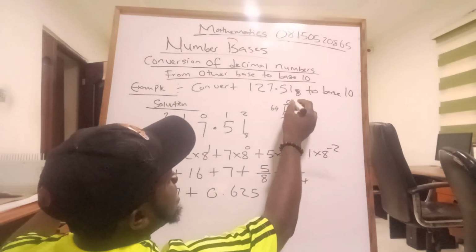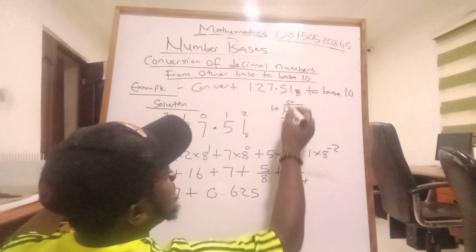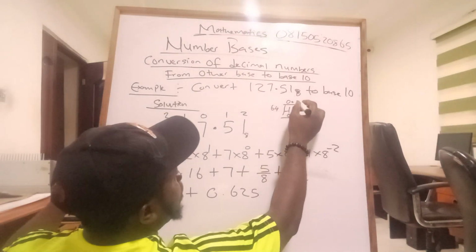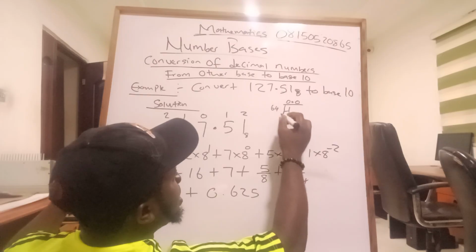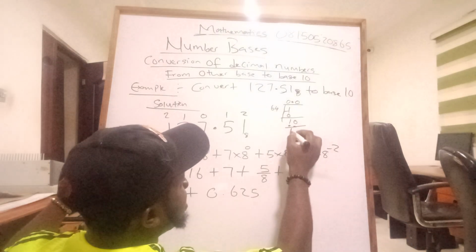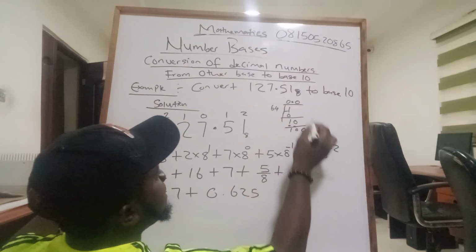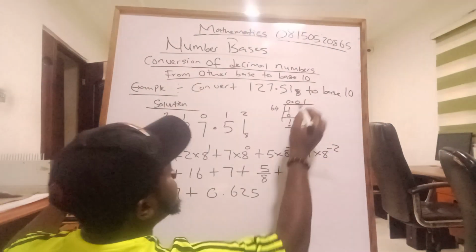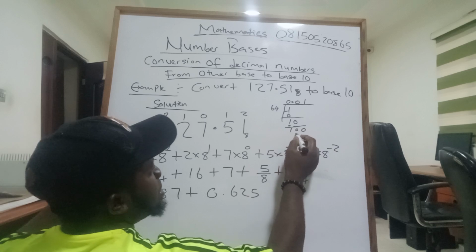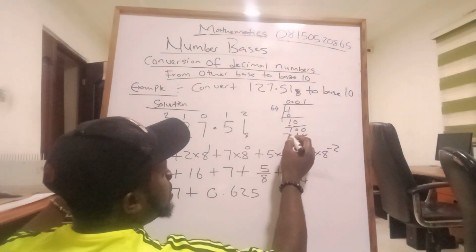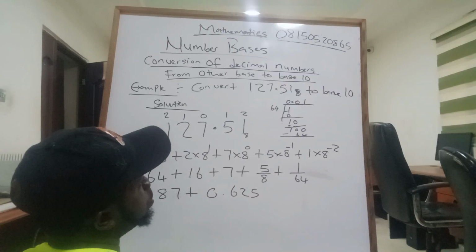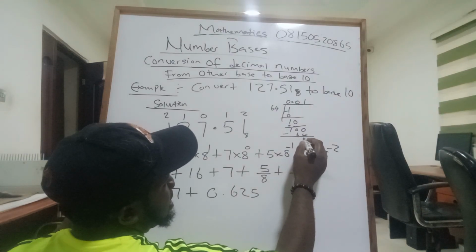If you add the point, and add 0 again, 64 in 10 is not possible. That's 0 again. This times this, you have 0. Then you have 10. Add 0. 64 in 100 will give you 1. When you subtract 64 from 100, what you'll be left with is 36.